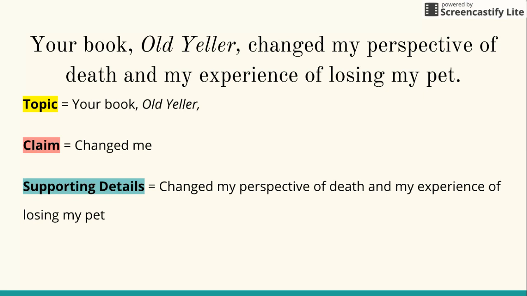It has a claim that it changed me. And the supporting details has a phrase that says, changed my perspective of death and my experience of losing my pet. Now, as a reader, I expect all 3 body paragraphs to offer evidence to prove that it changed my perspective of death and my experience of losing my pet.